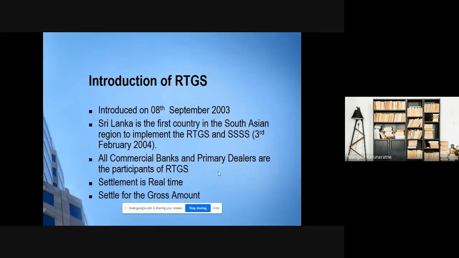We are ahead, because the central bank was very keen on these payment and settlement systems, because this is a key factor. Timely settlement of funds, and also securities, is a key factor in developing a market, right? So you can't develop a market with a lot of delays in the settlement process.